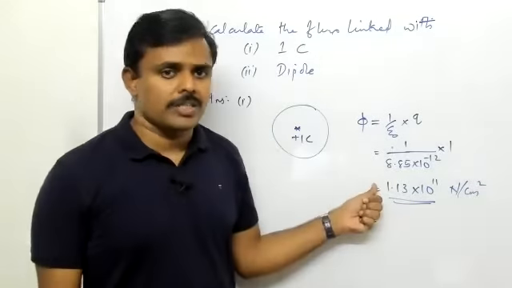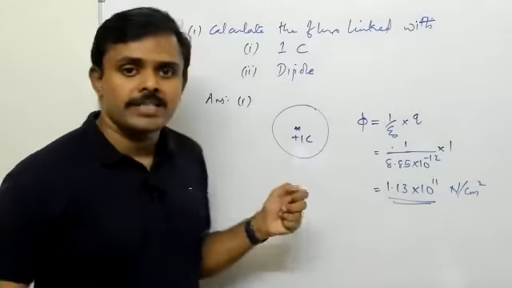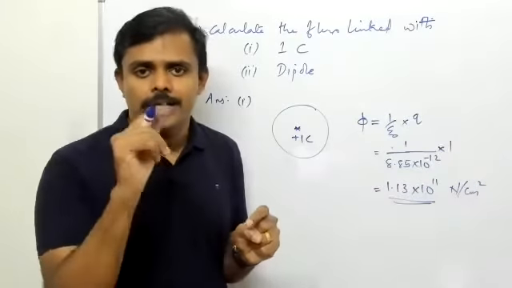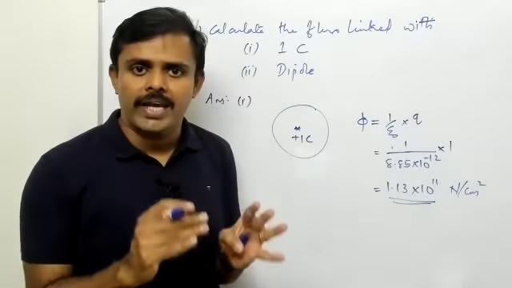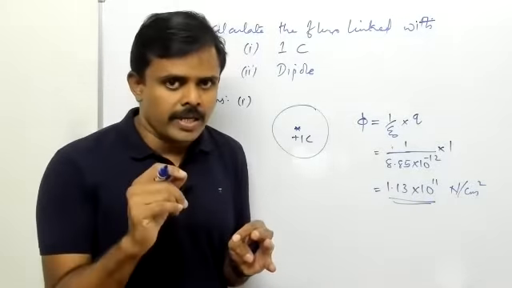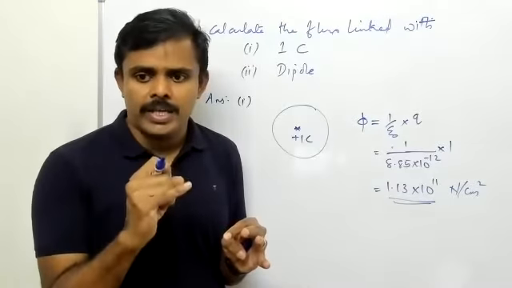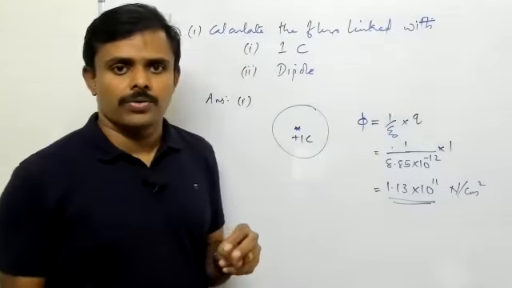Okay, it's a standard question. That is why I remember the value. It's very important. The question goes like this. Calculate the flux linked with 1 coulomb charge, or calculate the number of electric lines of force coming out of 1 coulomb charge.